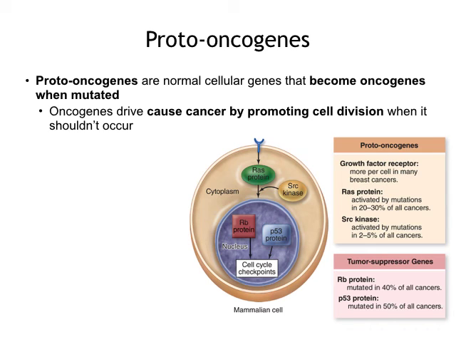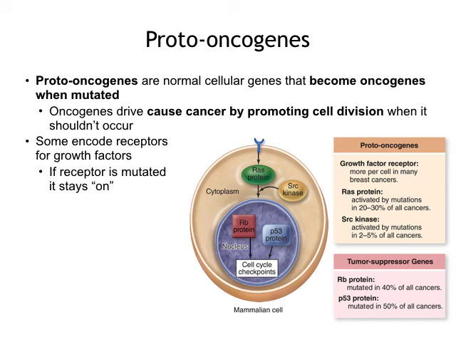And they become oncogenes when they're mutated. So proto-oncogenes are not bad unless they accumulate a mutation that turns them into an oncogene. And these oncogenes are going to drive cancer by promoting cell division when it shouldn't occur. They're going to be telling the cell to go on to the next step, even if it shouldn't go on to the next step.